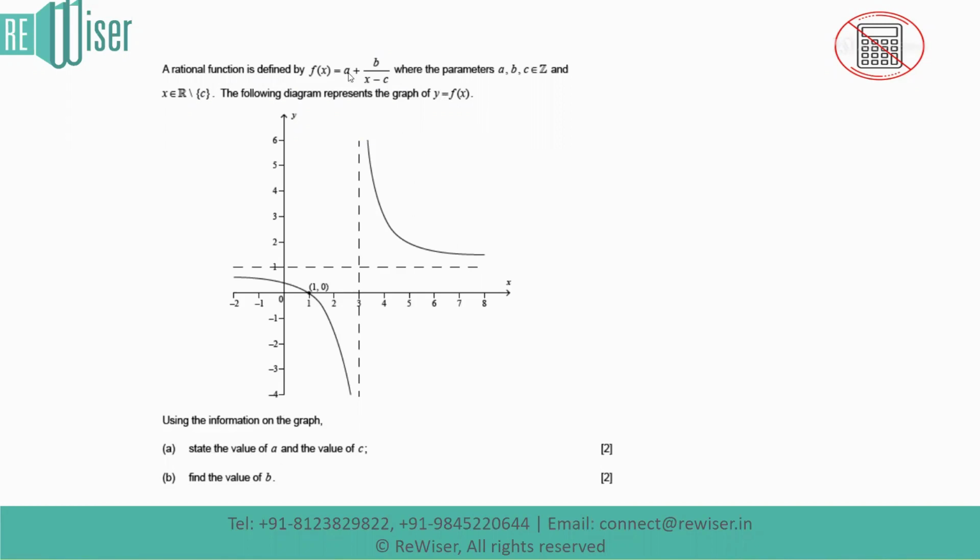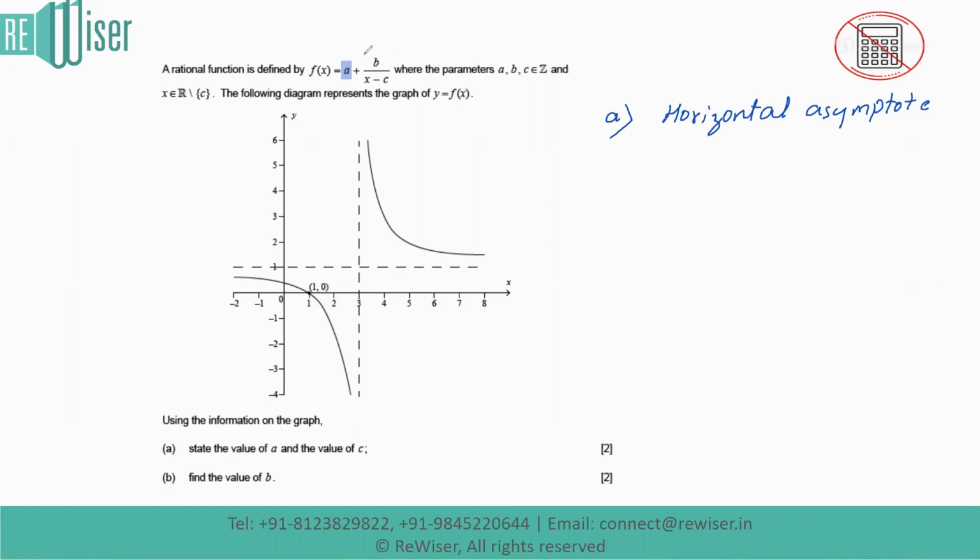Whenever I have any rational function in this form, a has something to do with the horizontal asymptote.